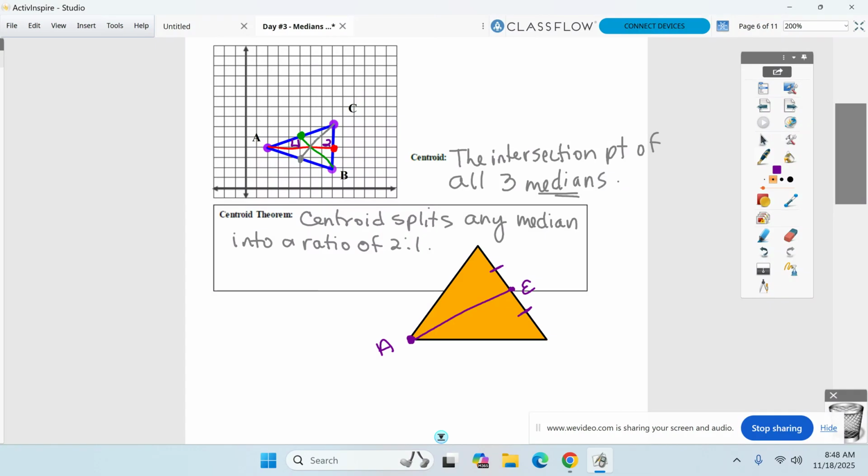That is a median. Good. And on AE, we're going to put where the centroid is. So let's just put it right about here. We'll call that point D. So make a little note here. Point D is the centroid.